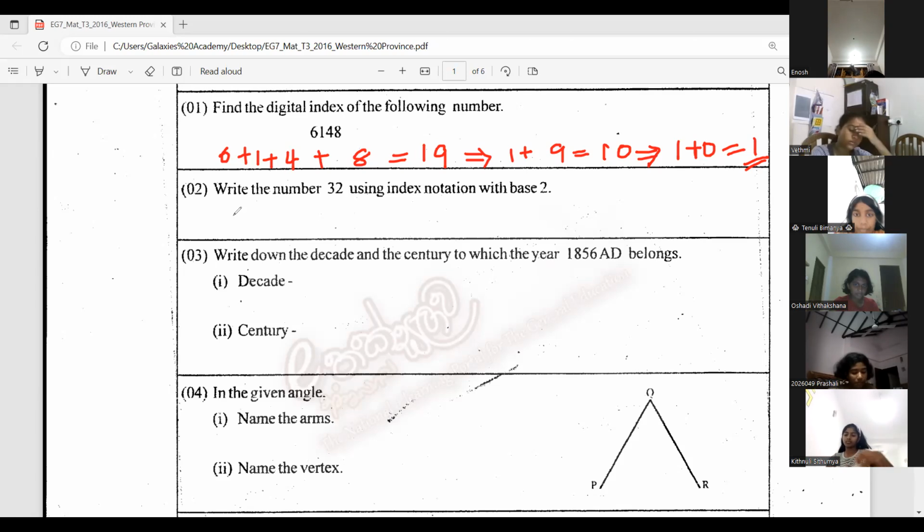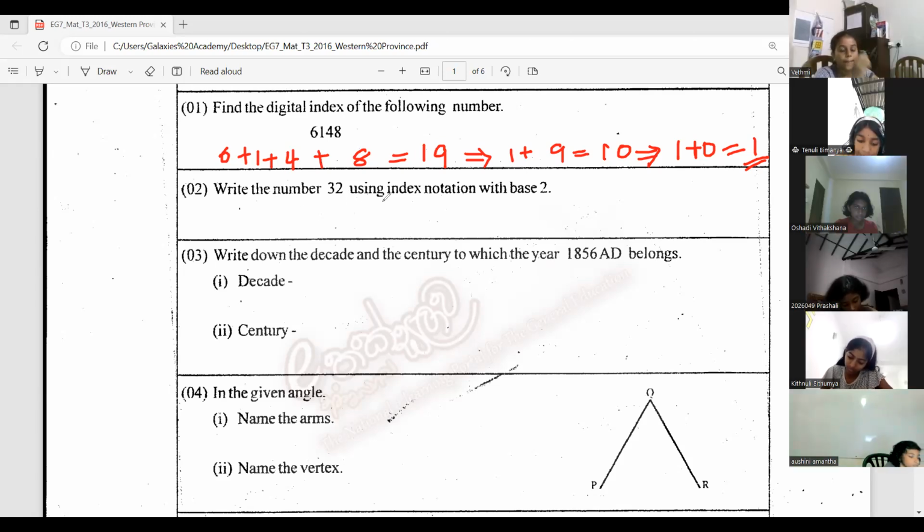Look at the second one. Write the number 32 using index notation with base 2. Do you remember this index notation writing method? With base 2, what do you have to do? The base is given, base 2.